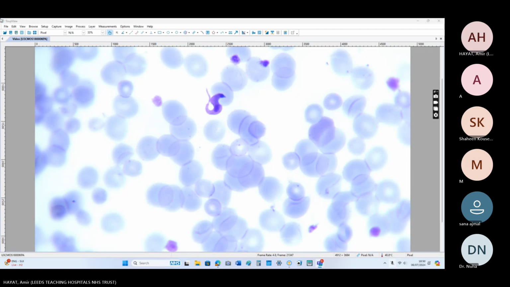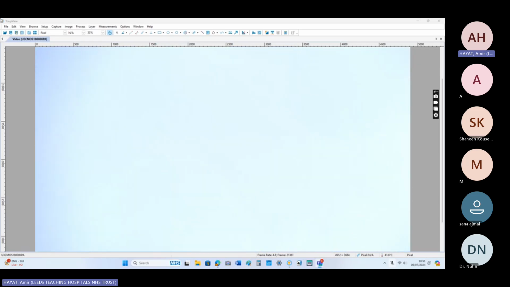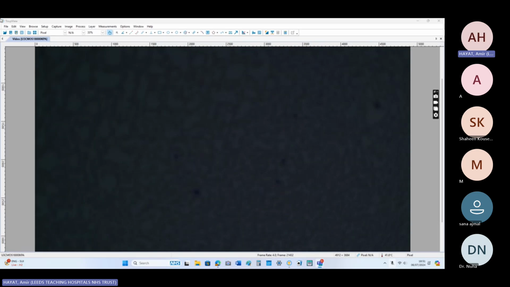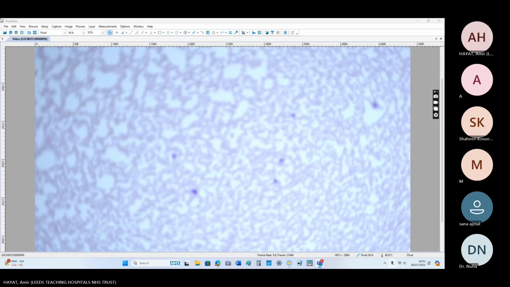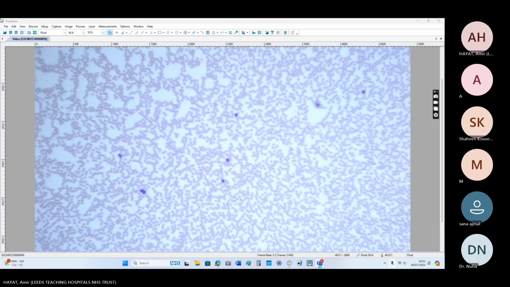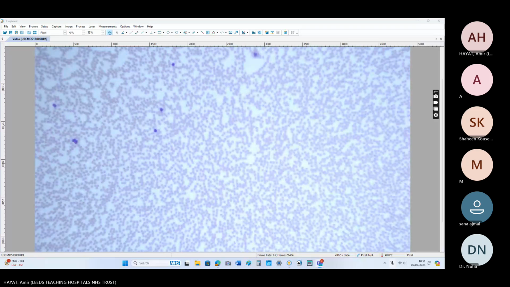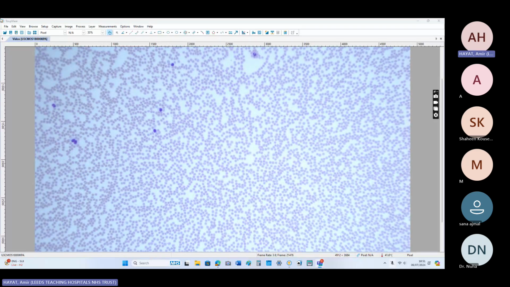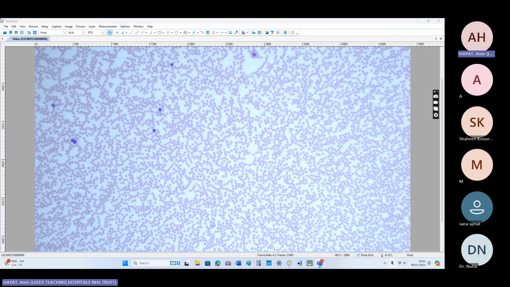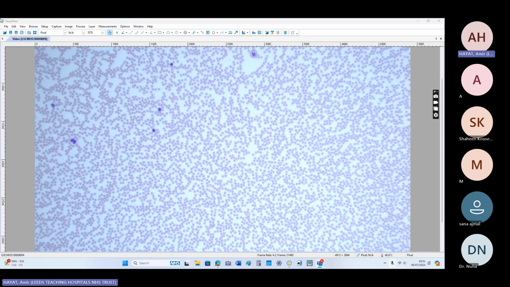Okay, I will move the slide. So this is another patient with abdominal discomfort, who went to the GP due to abdominal pain.